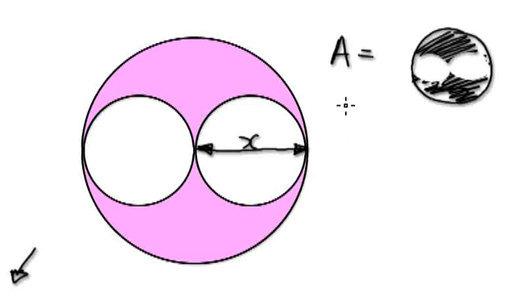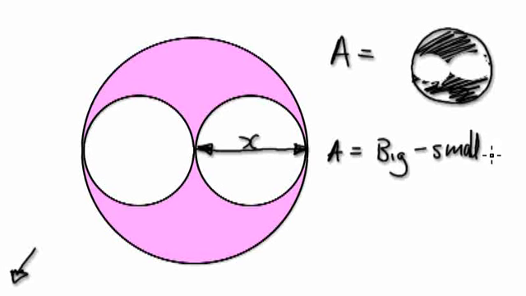Okay, so the area equals big circle, take away small, and then take away small again, because there are two. So this is a small one and a small one.